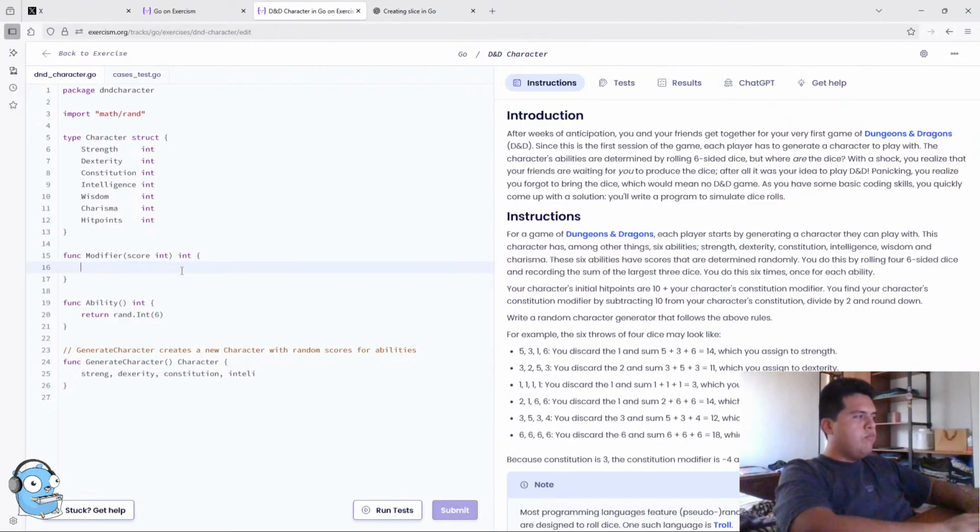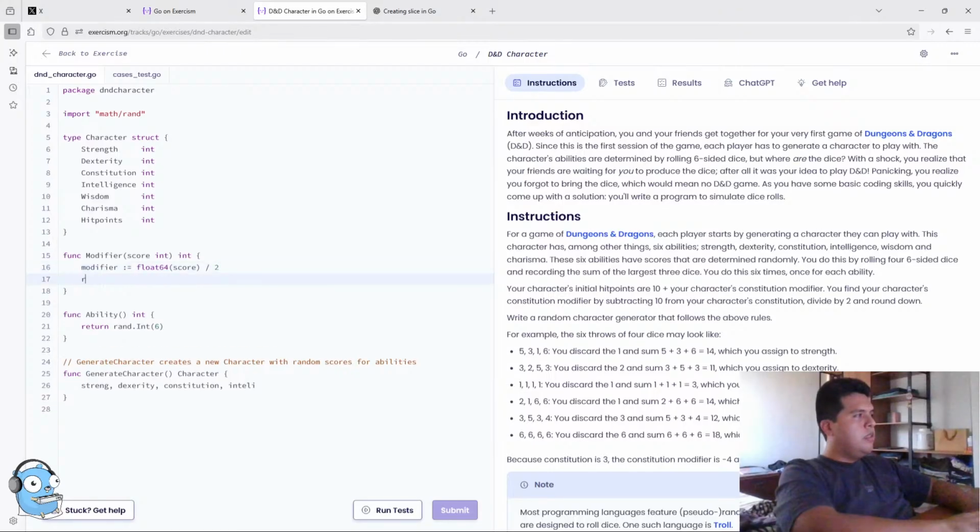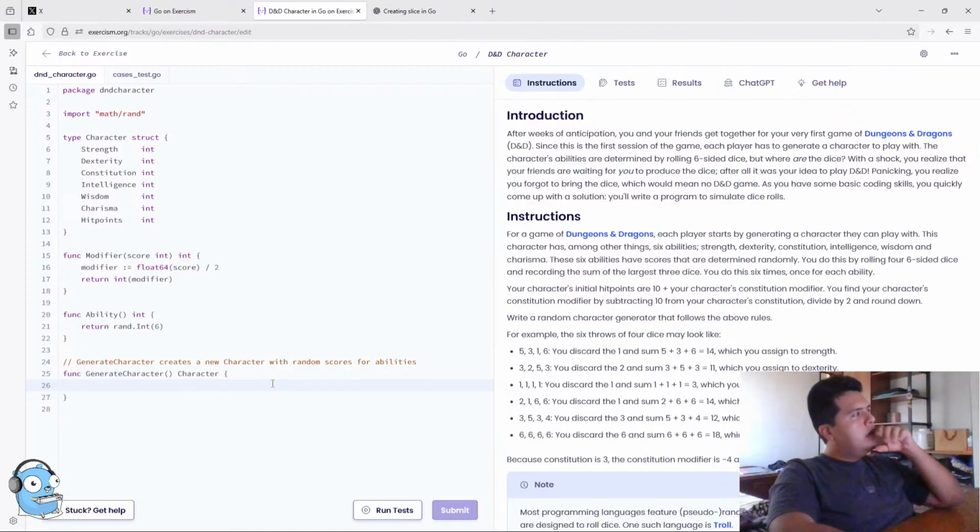Okay, float64 divided by 2 and return it as an integer. Ability. Hit points.